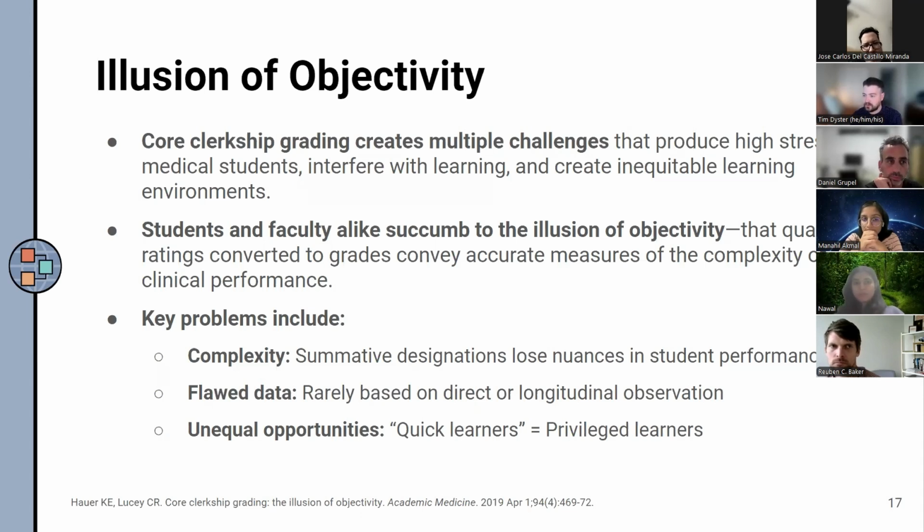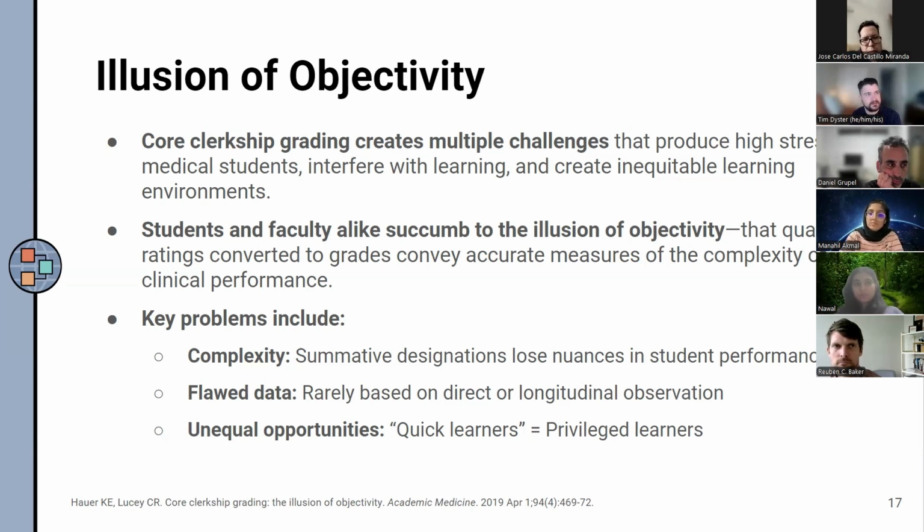The way that we tend to do this is if we have a quantitative rating, even if that quantitative rating was developed observationally through a very qualitative method, or maybe even better to say a subjective method, we treat those quantitative markers as if they accurately convey measures of the complexity of clinical performance, which they almost always are unable to do.